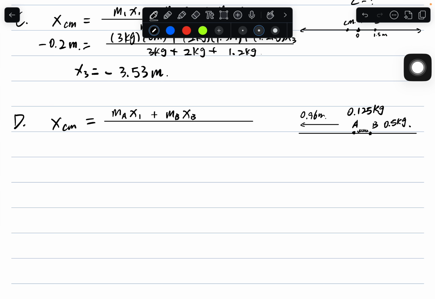Since the center of mass is going to be 0, we only have to calculate the numerator.